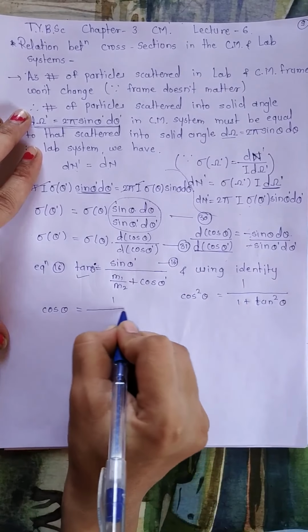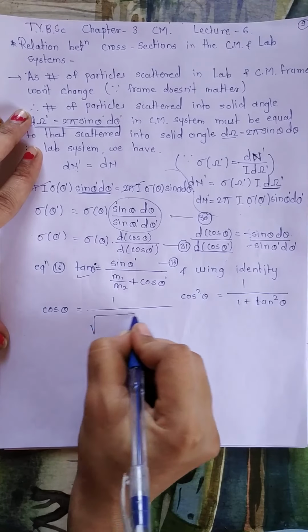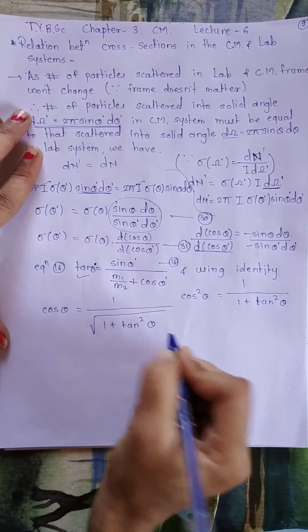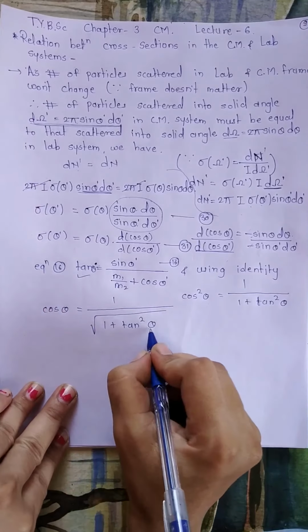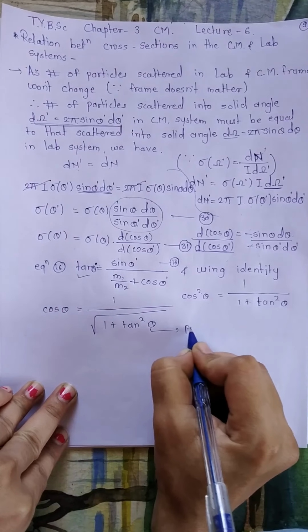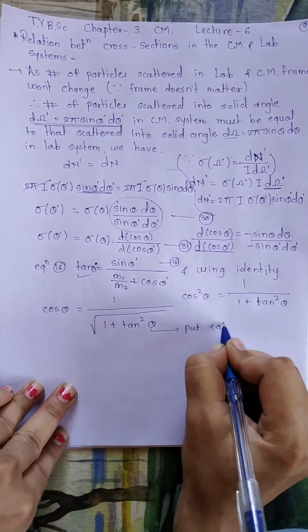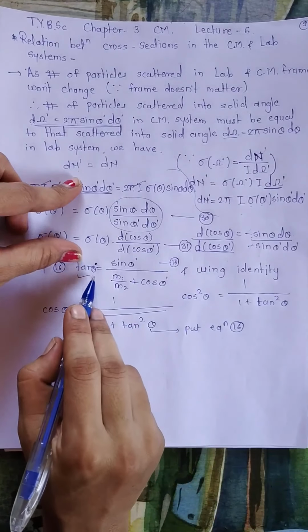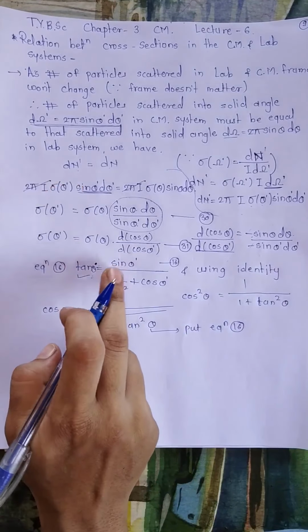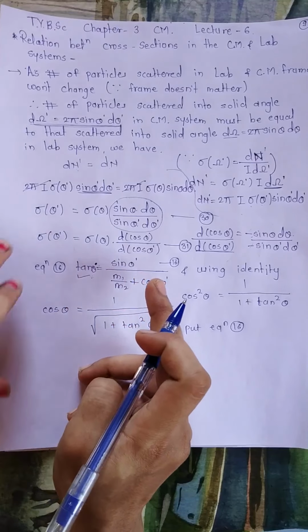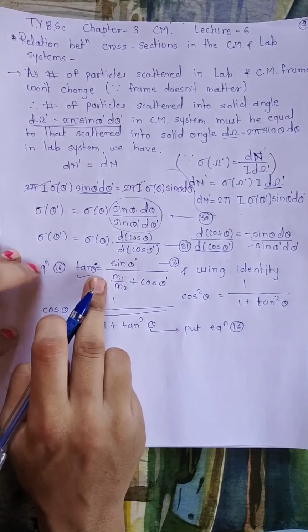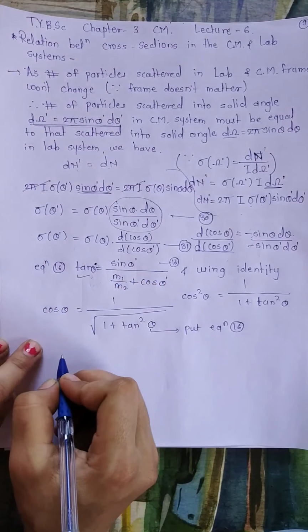So I will write it directly as 1 upon under root 1 plus tan square theta. Now from equation 16 we will put the value of tan square theta. We will square it and substitute it over here. So by squaring this quantity we will get, let's write it.